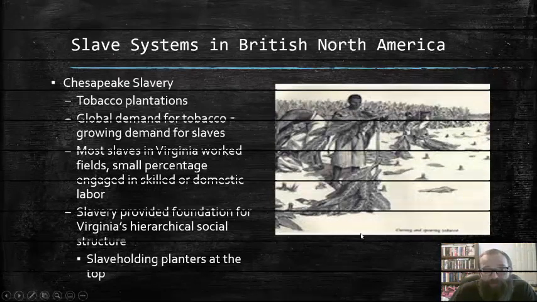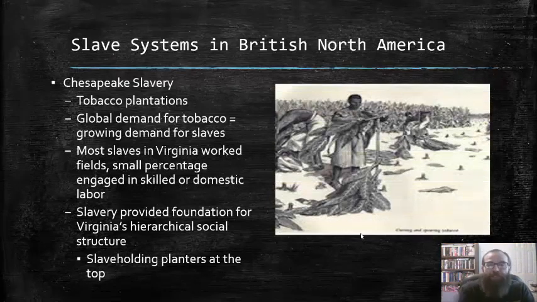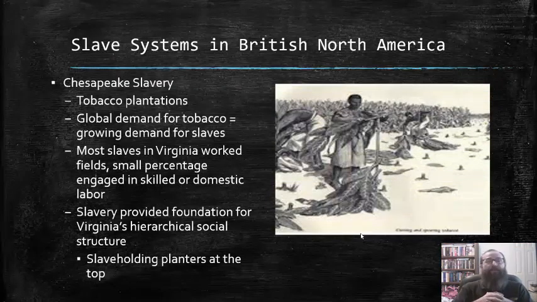As we have discussed previously, in the Chesapeake region of Virginia and Maryland, tobacco plantations provided the foundation for the economies there. The global demand for tobacco equaled a growing demand in slaves to work those tobacco fields. And most slaves in Virginia did work in those fields.